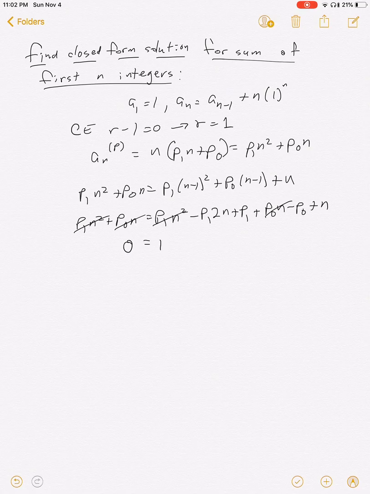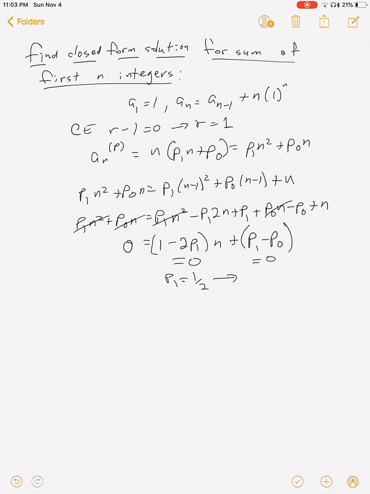I get (1 minus 2p1) times n plus (p1 minus p0). And since this is a polynomial in n set equal to 0, for that to be true for all n, the coefficients have to be 0, so I'll set this equal to 0, and I get p1 equals 1/2. I set this equal to 0, and I get p1 equals p0 equals 1/2.